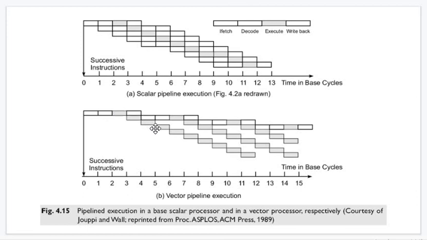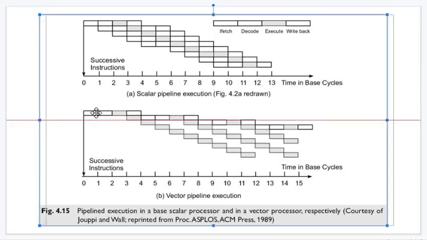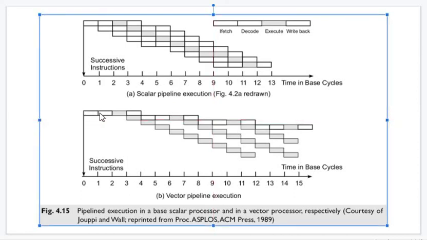Now why do we have execute only? It is not a simple operation. Calculation of the distance between two planets is not a simple plus. It includes a lot of complex operations on the same set of data which is collected and decoded.